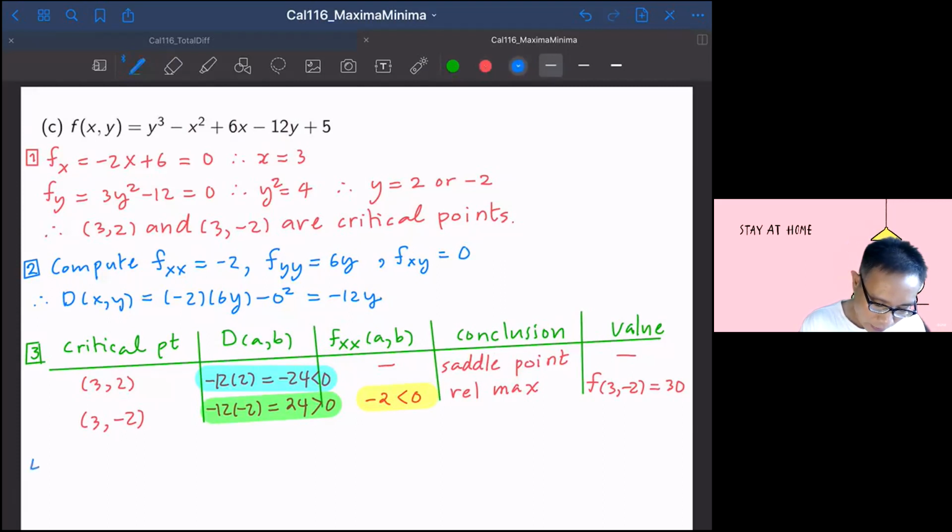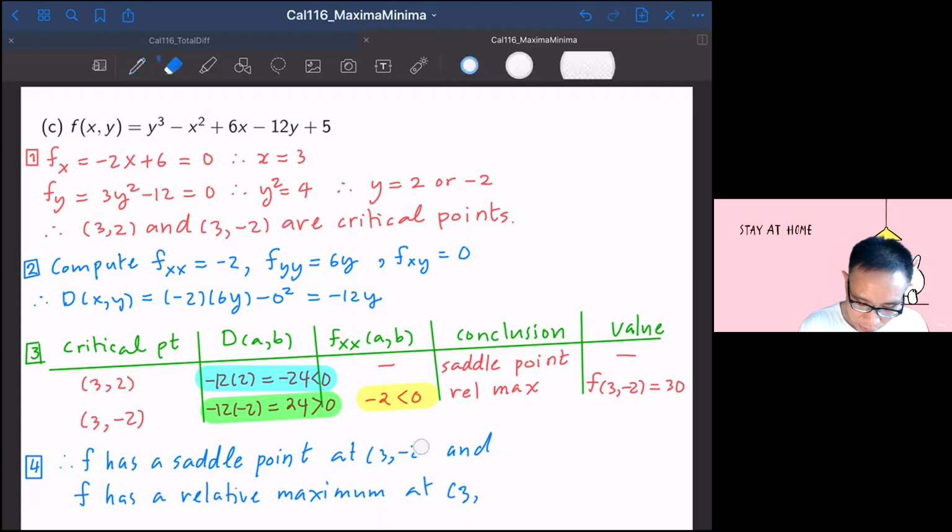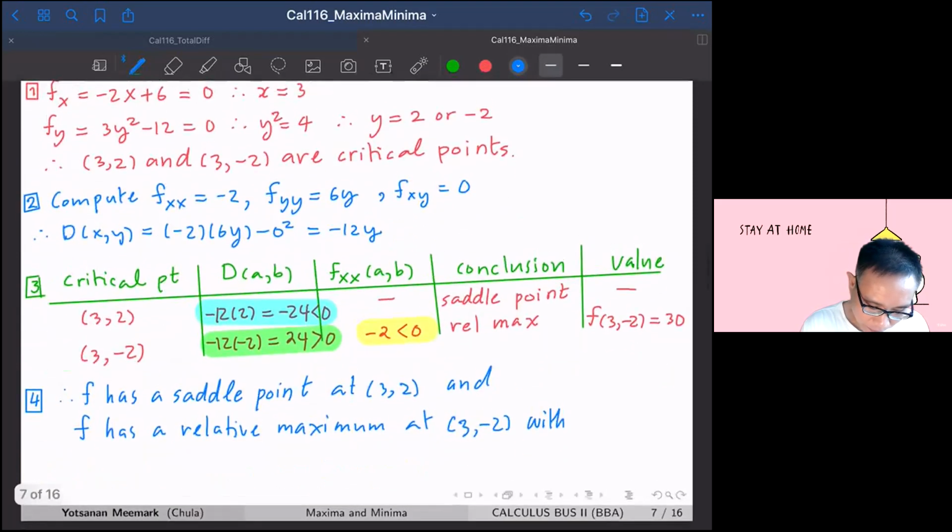And finally, at the fourth step, you're going to conclude that f has a saddle point at 3, 2, and f has a relative maximum at 3, negative 2, with the value f at 3, negative 2 equal to 30.